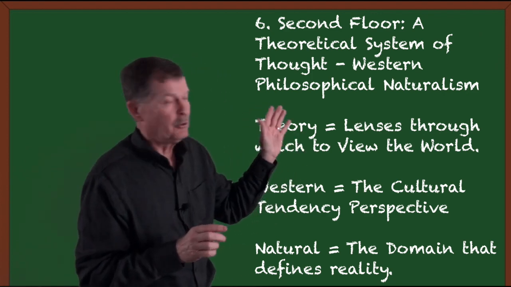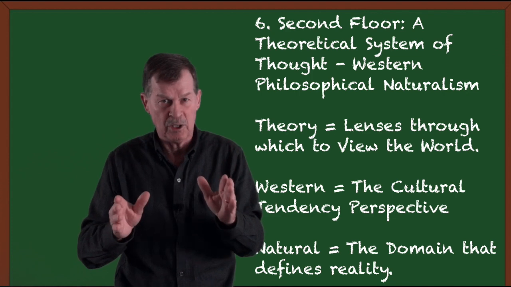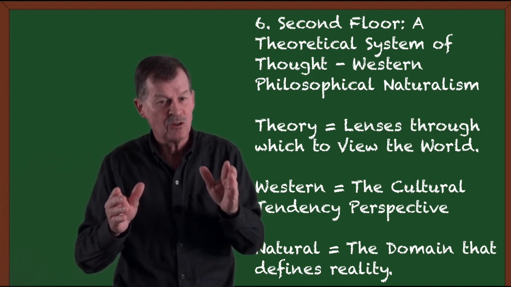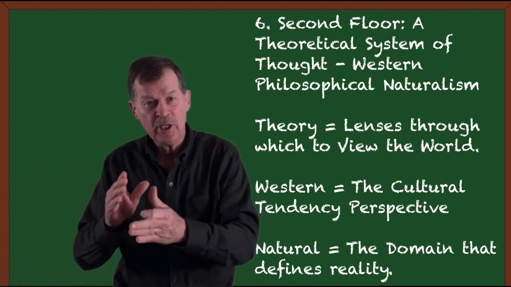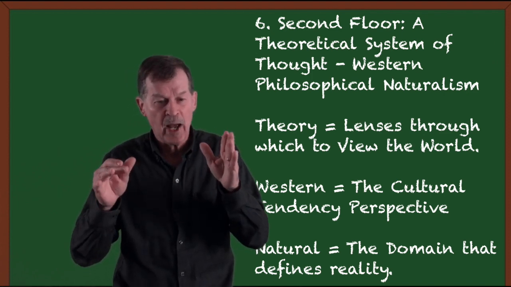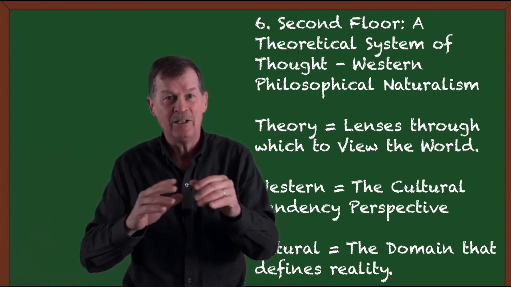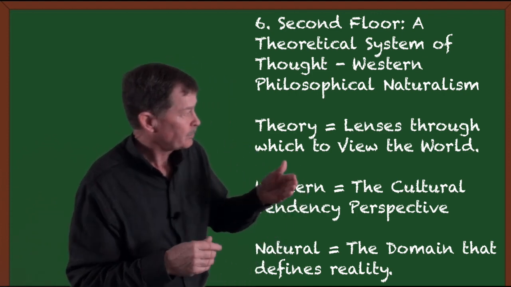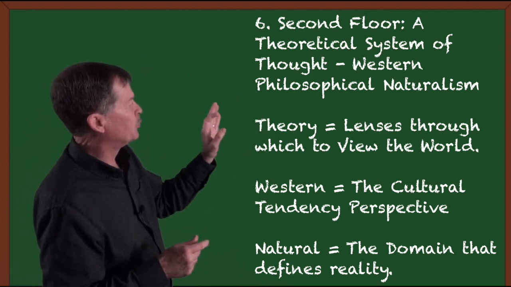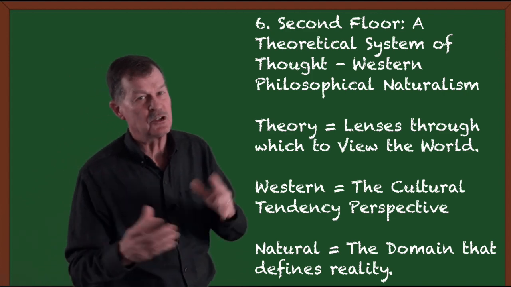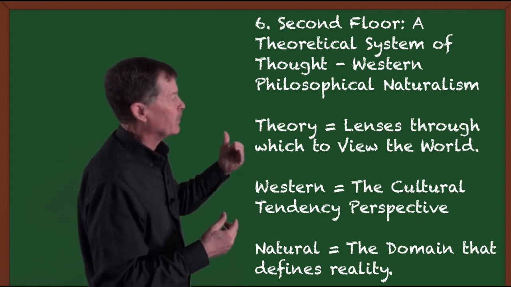So theory has to do with a way of looking at something. It's not quite a fact yet. A theory is a grid through which to understand and organize the data, to view the world and make sense of it.